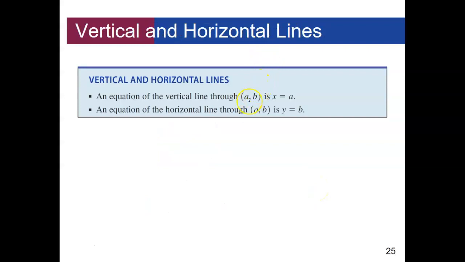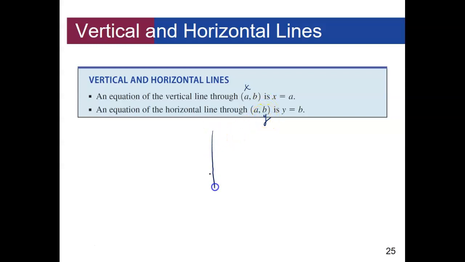Okay, vertical and horizontal lines are special types of lines. A vertical line is going to have the equation x equals, and it's going to be the first coordinate, or the x coordinate, of my point. If I have a horizontal line, then it's going to be y equals, and it's going to be the y coordinate of my point.